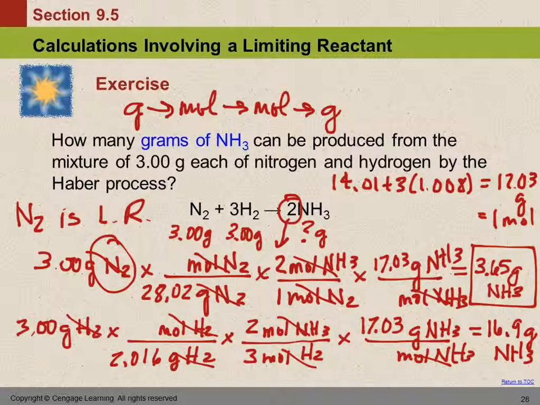It's the reactant that gave us the smallest amount of product. So that question's not clear. It's not asking which is the limiting reactant on this slide. I just threw that in there as a bonus. Any questions about this problem?